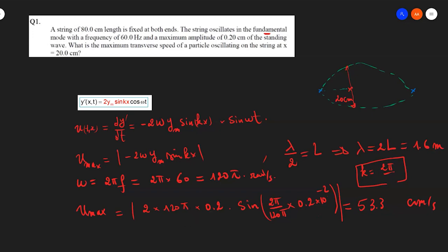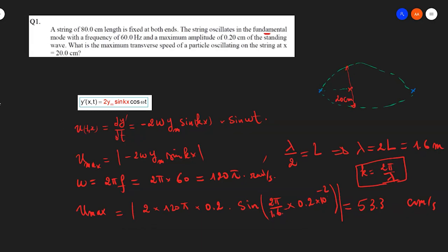Someone of you said 2 pi over lambda. Yes, I'm sorry. I'm going very fast. I need to slow down. So k is 2 pi over lambda. Omega we got it, and k is 2 pi over lambda. So what is lambda? It is 1.6.